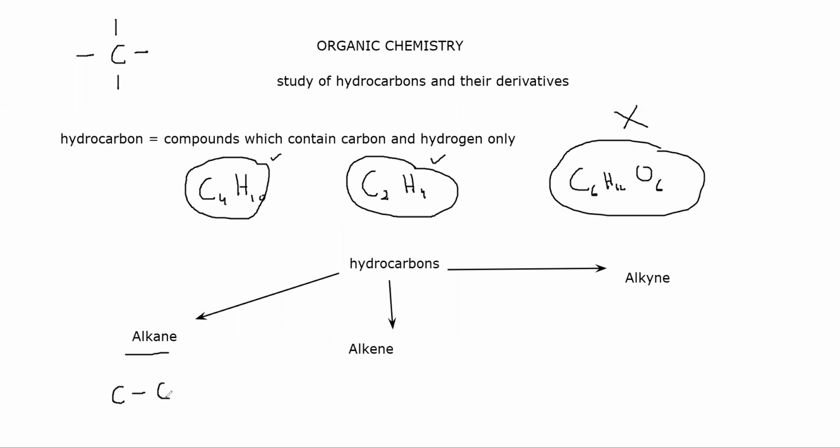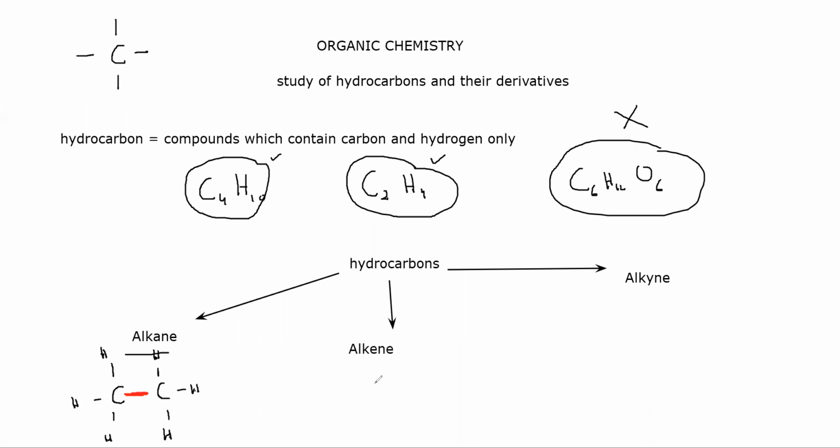Like there are carbon atoms and they have a single bond between them, and other bonds are with hydrogen. So you can see here, between the 2 carbon atoms, there is a single bond. So if there is a single bond between the 2 carbon atoms, this class of hydrocarbon is known as alkane.